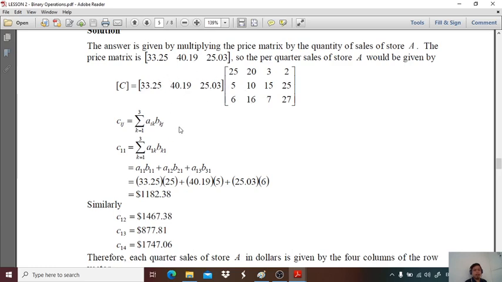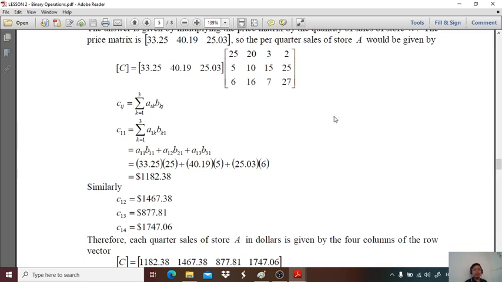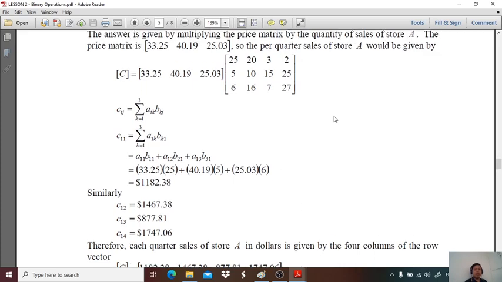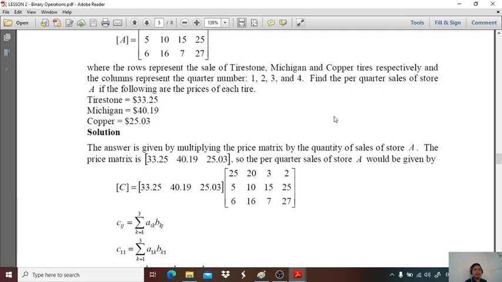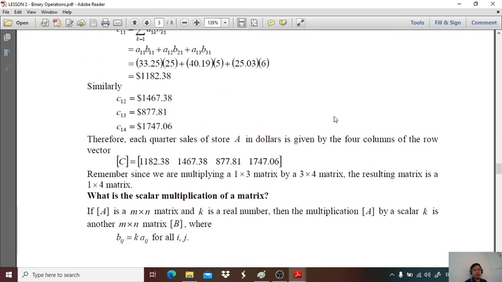The third quarter will be the same process, and the same in the fourth quarter, we have 2 times 33.25, then 25 times 40.19, and 27 times 25.03. So that is the sales per quarter of this company of tires.